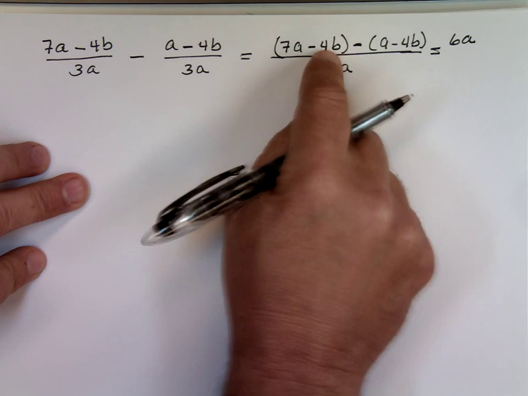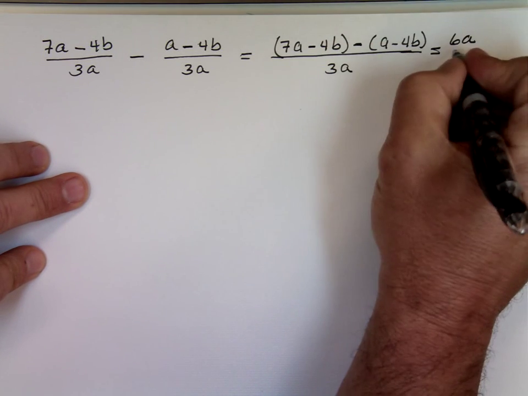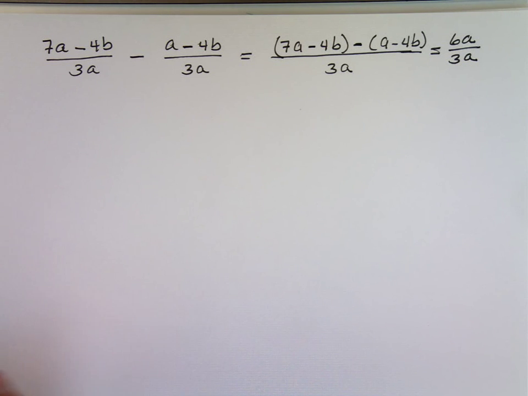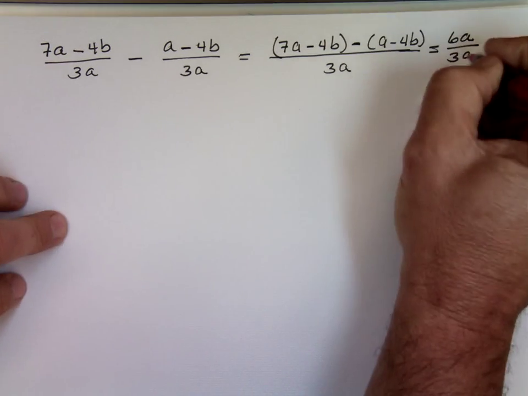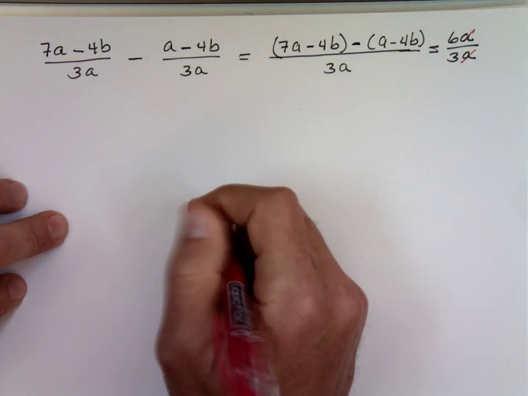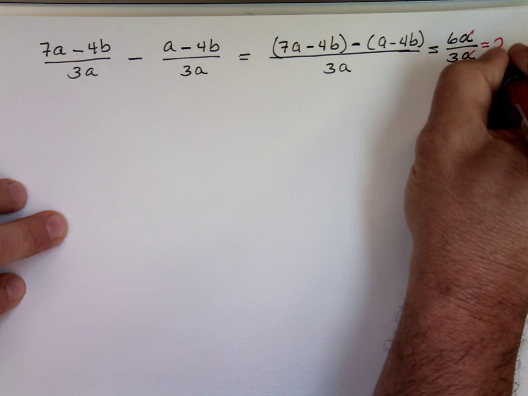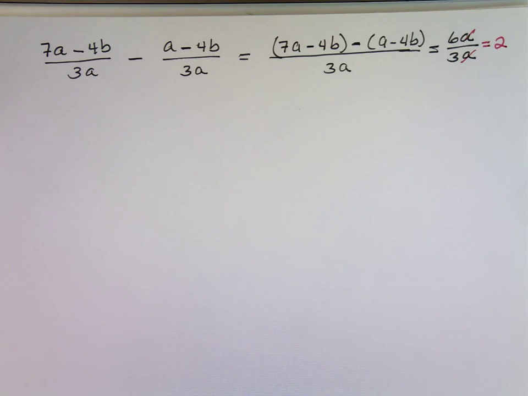You're subtracting the same thing. That's a 0. They cancel each other out over 3a. Notice the a's will cancel each other out, gone. And 6 divided by 3, which is 2. So the answer to that is just simply 2.